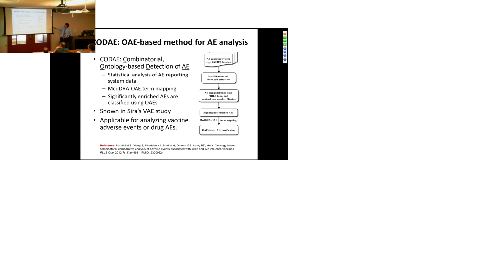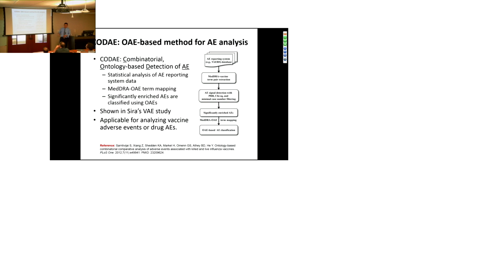Basically, this is the method that we use. We look at the VAERS data, and all the data is mapped to MedDRA. We don't have OAE in VAERS, so of course we have to use MedDRA. Then we do vaccine peer extraction, and you can use traditional methods like PRR, chi-square, or minimum case filtering, and then we have enriched AEs.